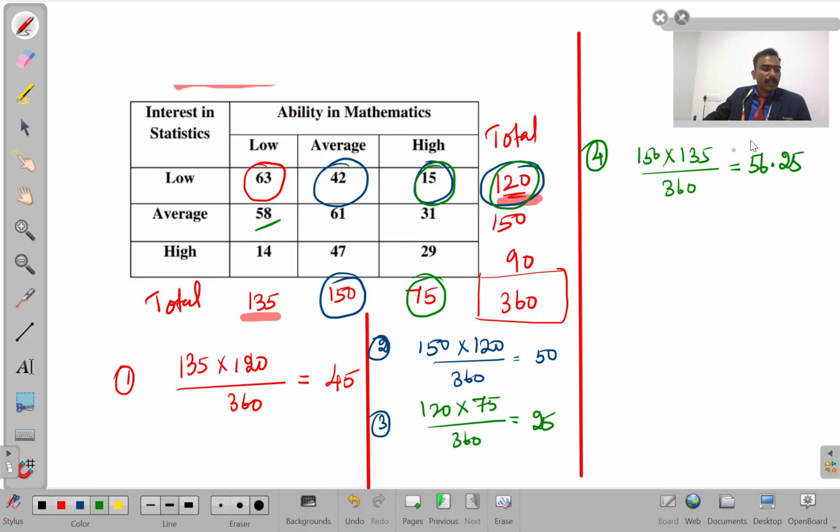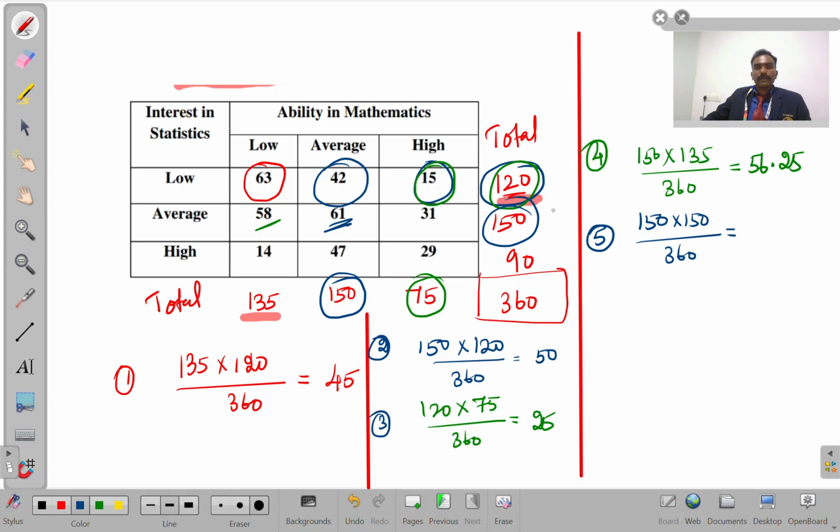You can use the scientific calculator and get the value immediately. Then the fifth one, 61. The row total is 150, the column total is also 150. So 150 into 150 divided by 360.